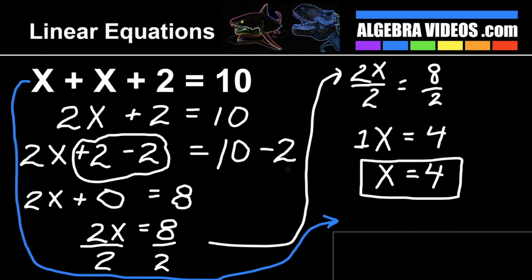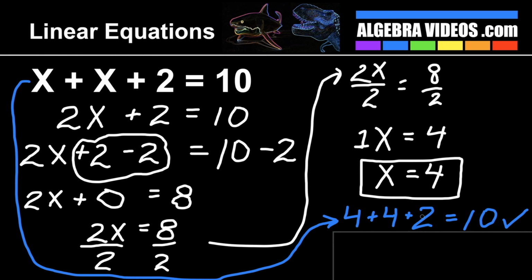So it starts out with x, but I'm going to plug in the number 4, plus another x, so I'm going to plug in 4 again, and plus 2, that was in the original equation, equals 10. And if you do the math there, 4 plus 4 is 8, plus 2 is 10, and that equals 10. So 10 equals 10, that means our solution of x equals 4 checks out.